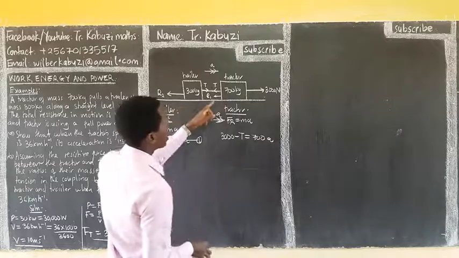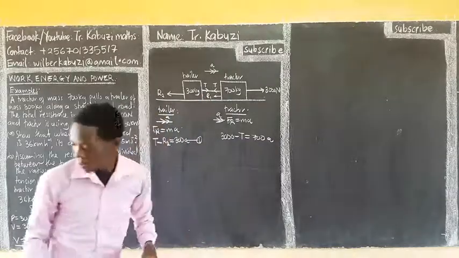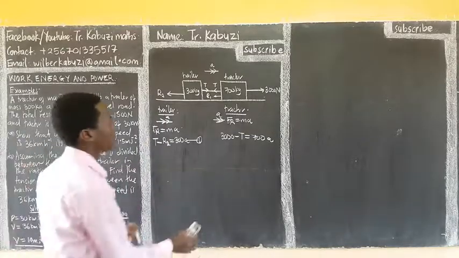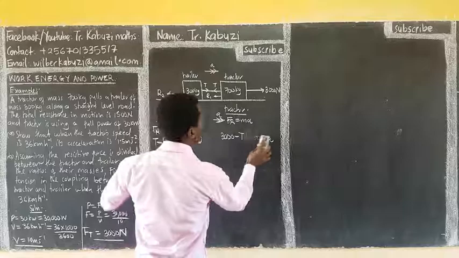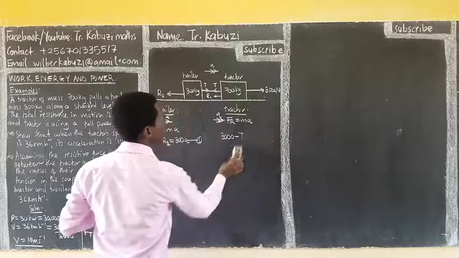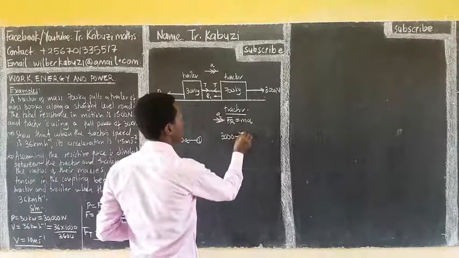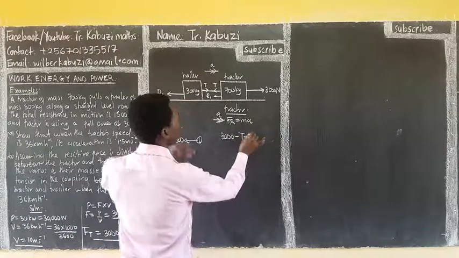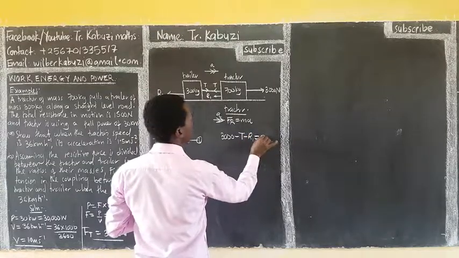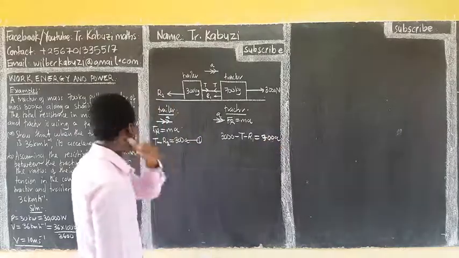But of course, because we have something opposing, we shall also get that resistance. This resistance is what the tractor is facing as it's moving. So this T minus this R1 equals 700 times acceleration.